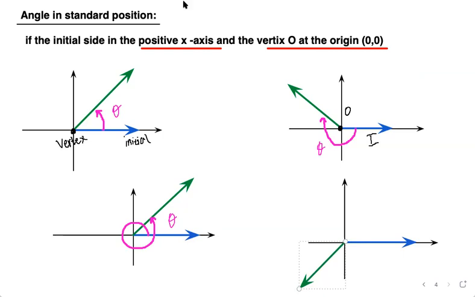Oh, by the way, I forgot to write here I, the initial side. This is my initial side, and this is my vertex. This is O. Now this is my initial side, and this is my terminal side, and this is the point O.